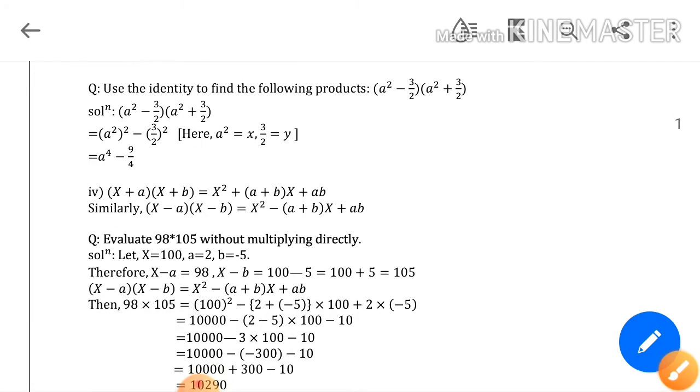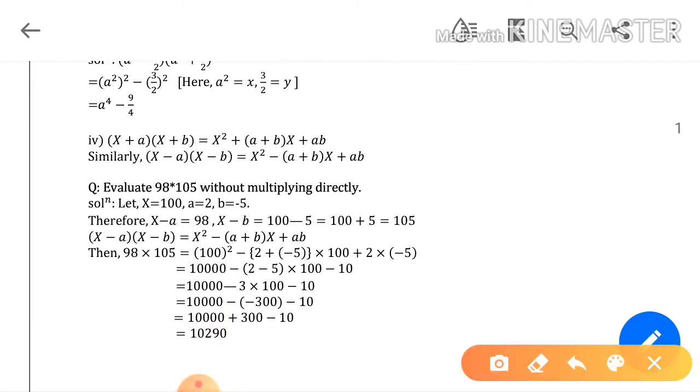Now the next formula: (x + a) into (x + b) equals x square plus (a + b) into x plus ab, and similarly (x − a) into (x − b) equals this. By this formula we can calculate a multiplication without multiplying directly.